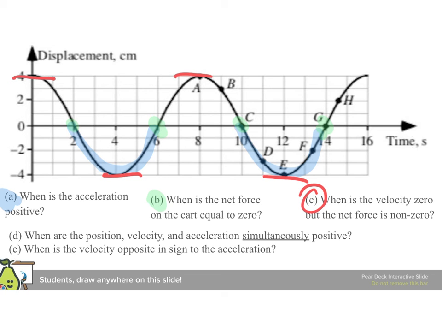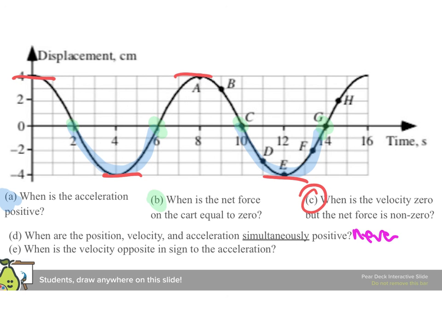When are the position, velocity, and acceleration simultaneously positive? Never. The acceleration and the position are of opposite sign, so they can't both be positive. And then finally, when is the velocity opposite in sign to the acceleration? So we need to have the velocity be positive, but the acceleration be negative, or vice versa.